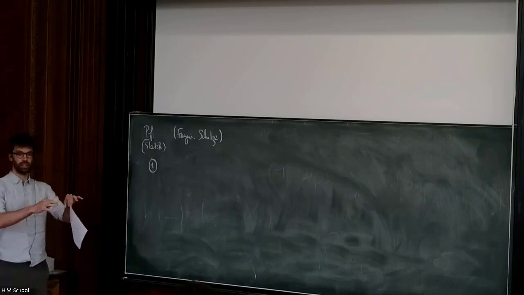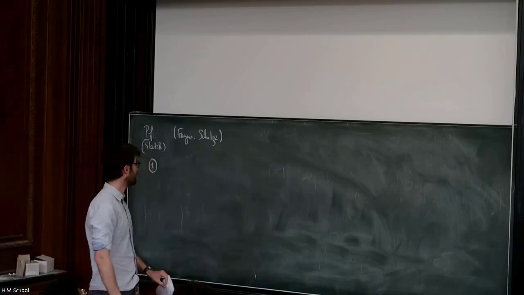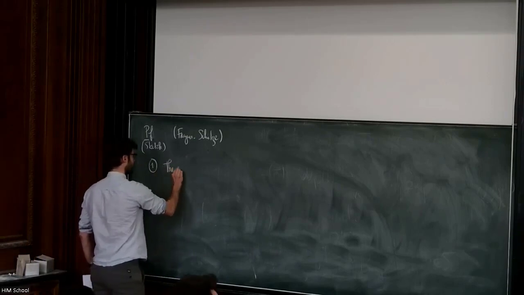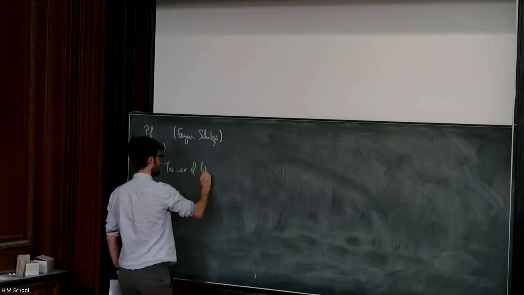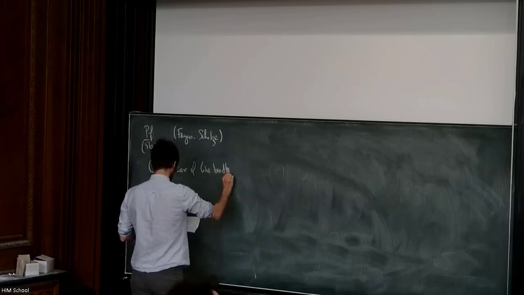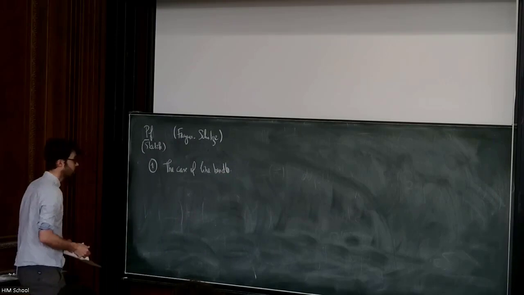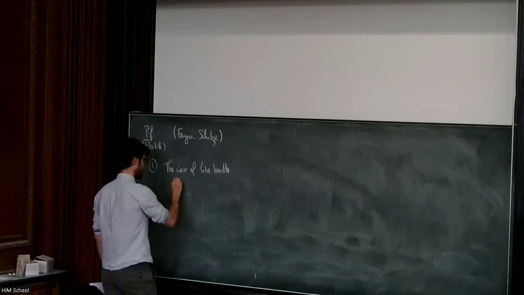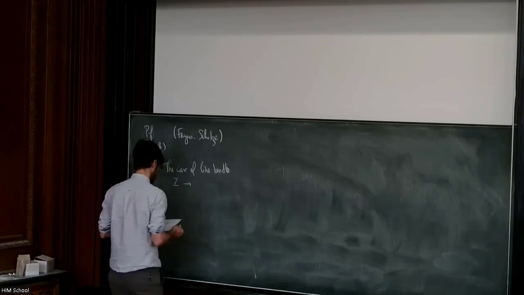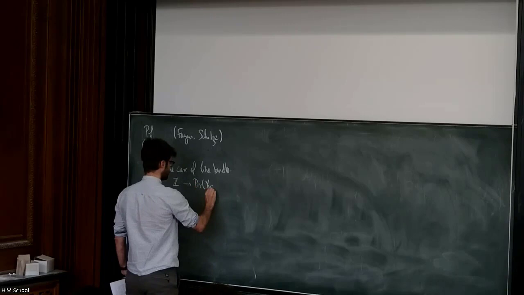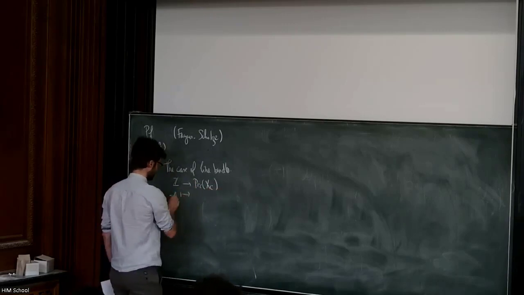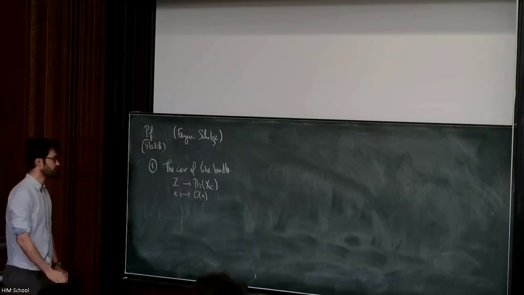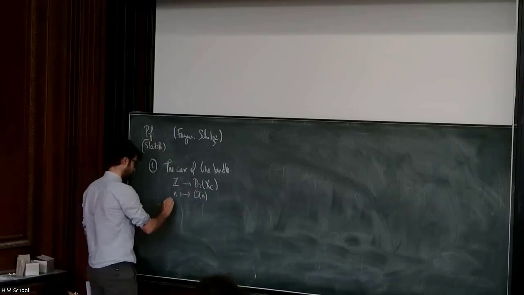So the proof I somehow decompose in 3 steps. The first step, I don't want really to say anything about it. It's the case of line bundles. So in this case, you prove that they are just indexed by the degree. You prove that the map sending an integer n to the line bundle O(n) is a bijection.